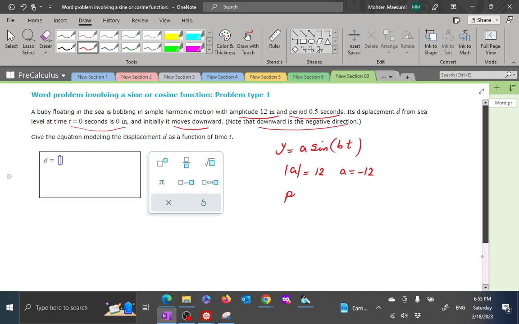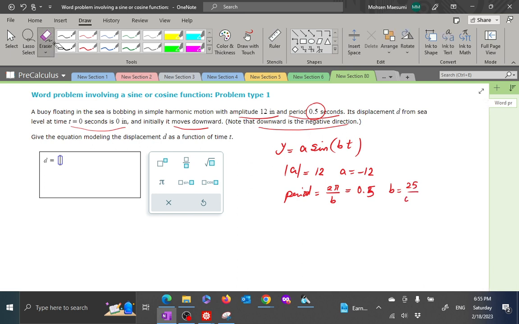The period is 2 pi over b, and that is given to be half a second. So b is 2 pi over 0.5, which becomes 4 pi.